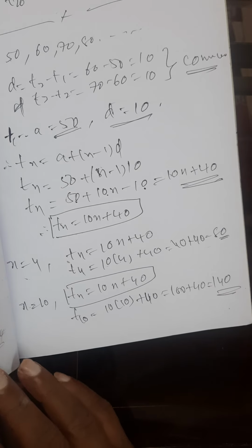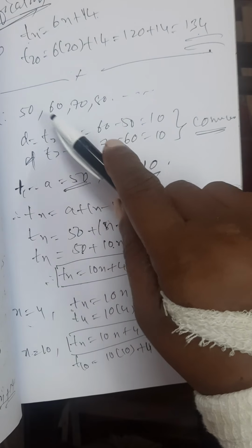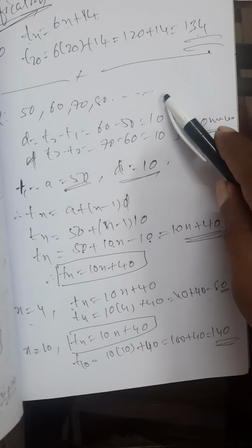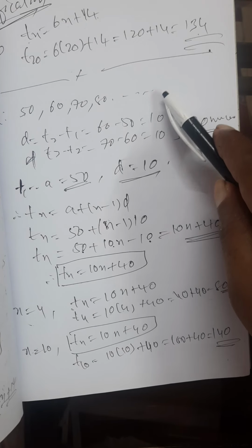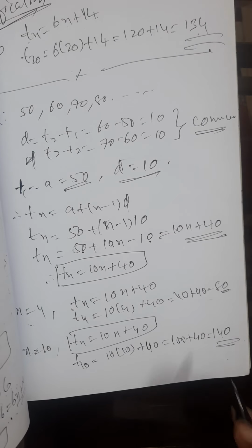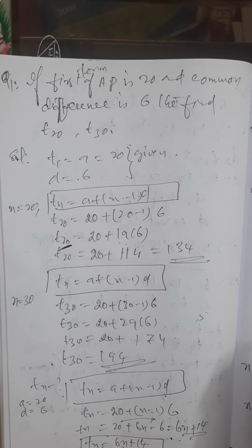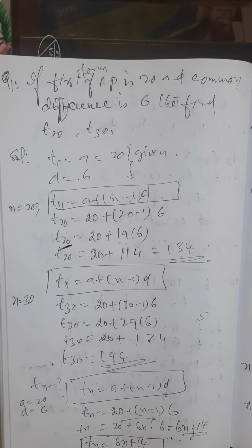The 10th term of the series 50, 60, 70, 80 and so on: if you stop at 10, you will get 140. So 140 is called the 10th term of the series. Like that we can find any term. First we have to find the nth term of the given series.